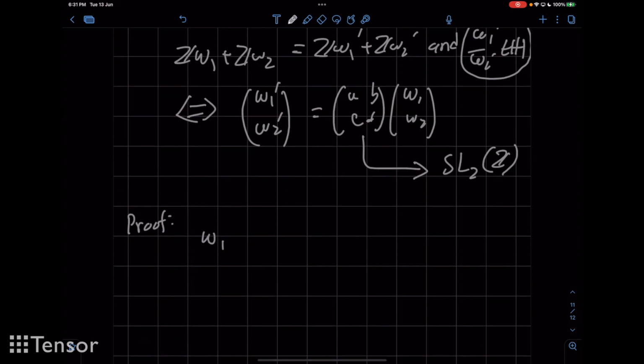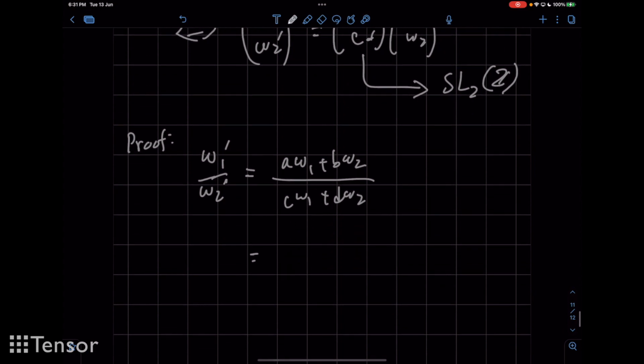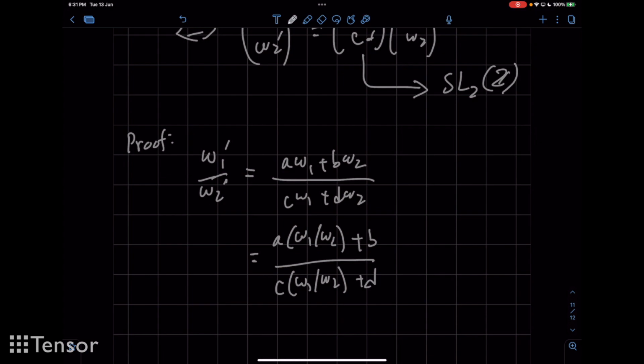So what is this element, omega 1 prime by omega 2 prime? That element is a omega 1 plus b omega 2 over c omega 1 plus d omega 2, right? And this is equal to a omega 1 by omega 2 plus b over c omega 1 by omega 2 plus d, right?